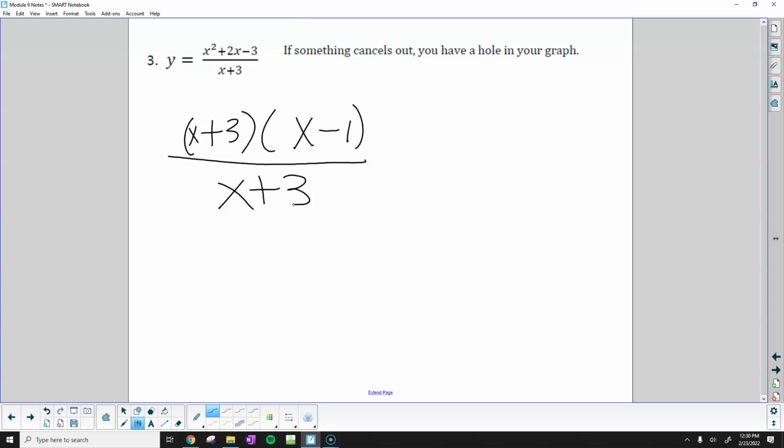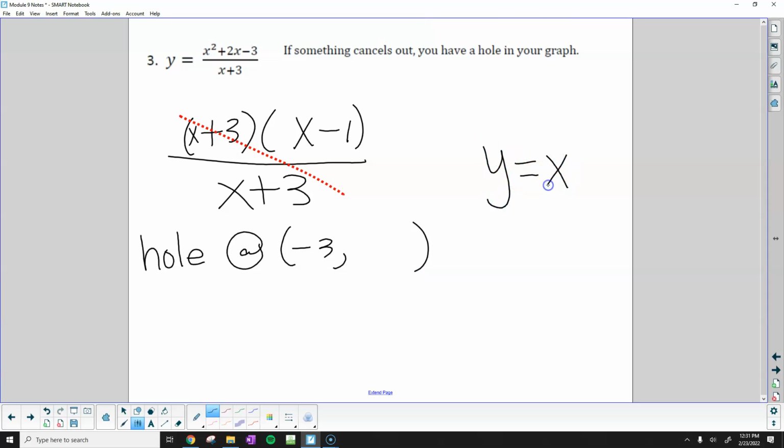Clearly, we have a factor that cancels out. So we do have a hole, and I'm going to write there is a hole at x equals -3. So when those cancel, our simplified expression is going to be y equals x minus 1. That's the only thing that's left over.